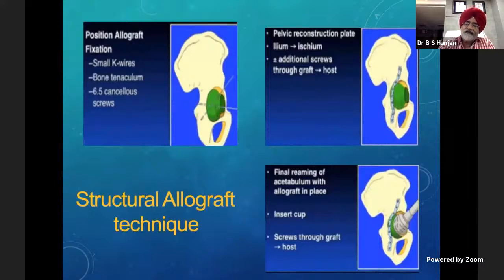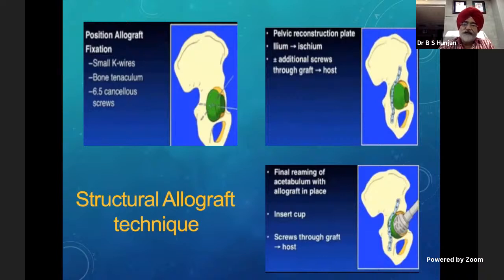Now, this is the procedure of how we put the allograft where there is loss of the posterior wall and the medial wall of the acetabulum. This is how we take the head of the femur and fix it with the K wires.